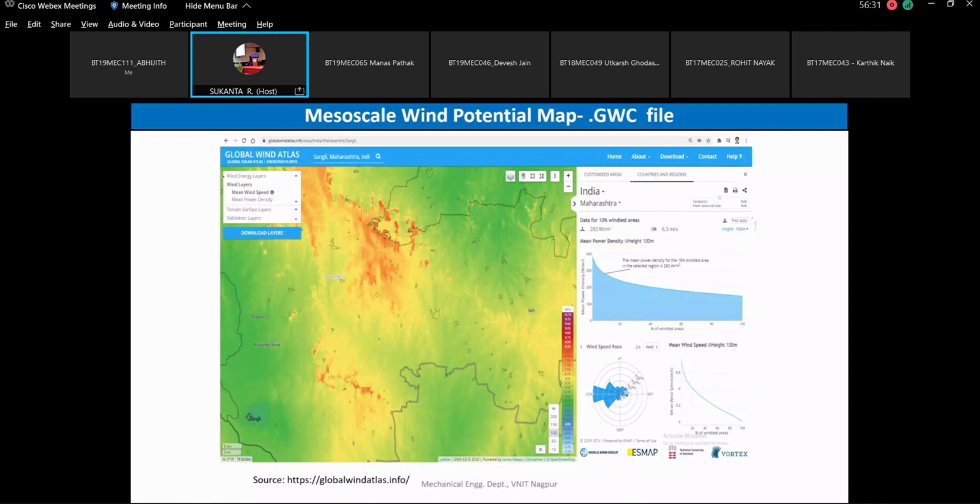Here you can click mean speed or mean power density, terrain, and filter it. This way you can check the wind data from the Global Wind Atlas website.